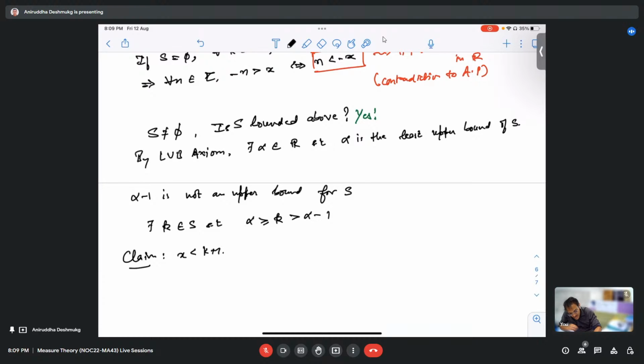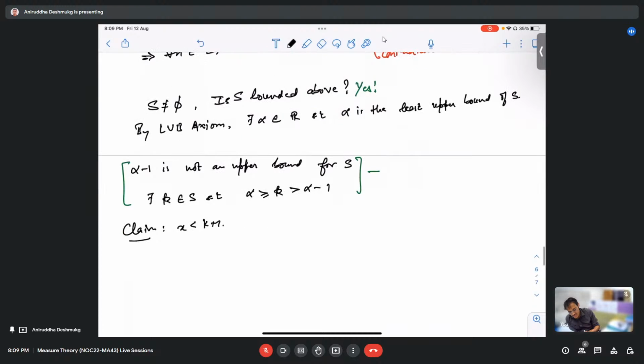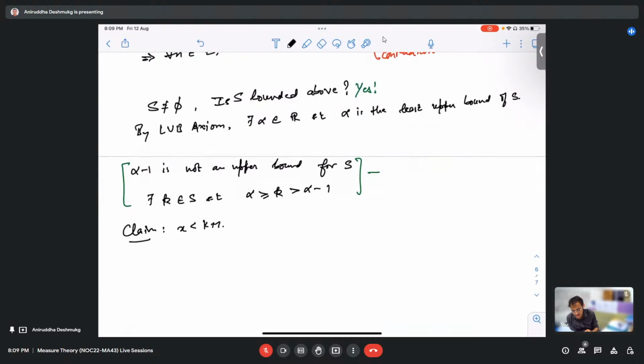So, are these two statements clear? Yes, sir. So if this is clear, then this is also clear, right? x is less than k plus 1, because if not, if x is bigger than or equal to k plus 1, this implies k plus 1 is inside S, but then alpha is bigger than or equal to k plus 1 because alpha is the least upper bound, which would imply that k is less than alpha minus 1.